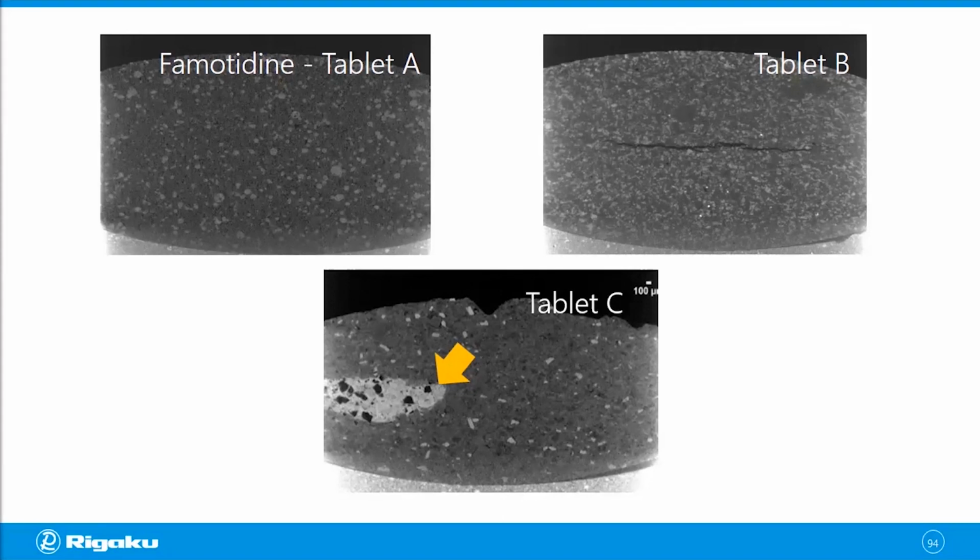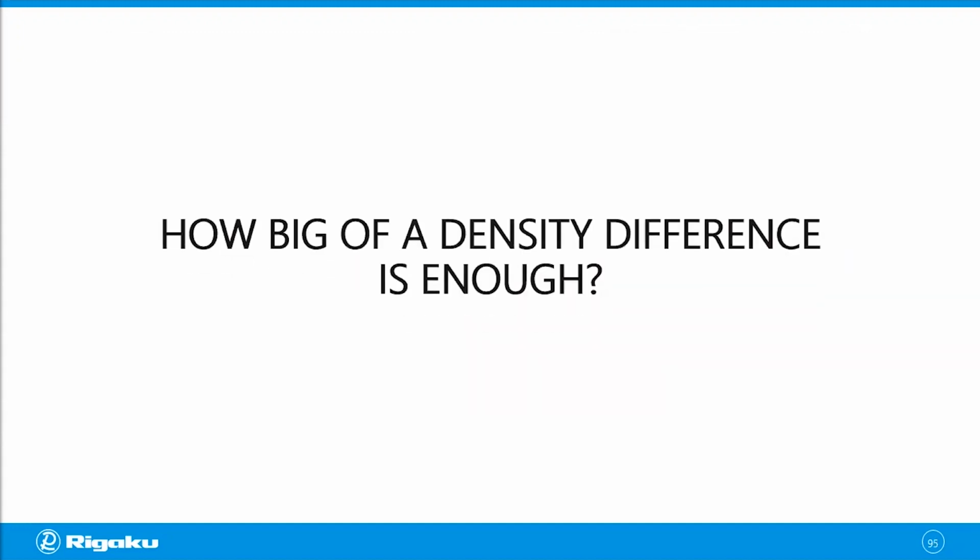And you can see this type of phase change or voids or aggregation whenever you have density change. As long as you have enough density difference, you can always image them with X-ray CT. But how big of a density difference is enough? So let's take a look at an example where you see very small difference.